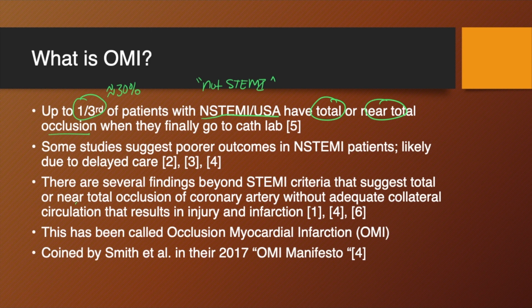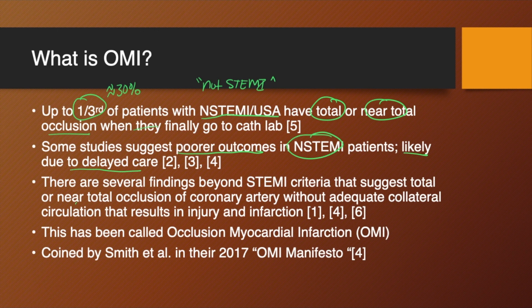And in fact, there are studies that suggest poorer outcomes in the NSTEMI patients compared to STEMI patients. Why is this? Well, we believe it's likely due to delayed care. Up to 30% of these patients have a total or near total coronary artery occlusion, and they may not do as well as STEMI patients.